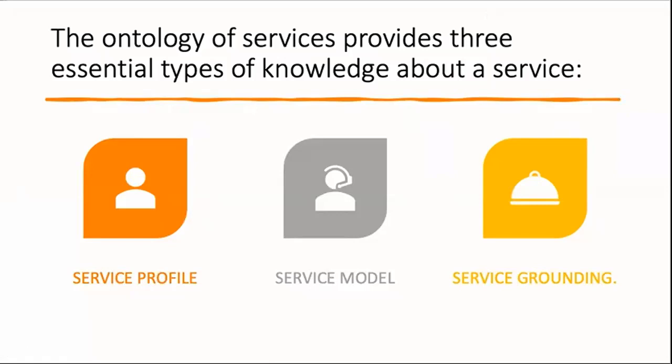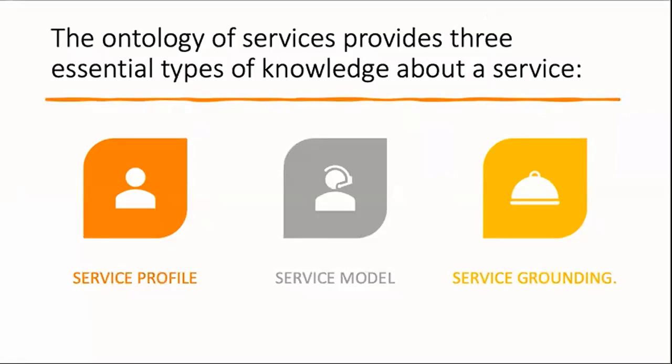The service profile provides information about a service offered by a website, as well as service needed by a requester. An agent determines if the service meets its needs while satisfying constraints such as security, loyalty, and quality requirements.